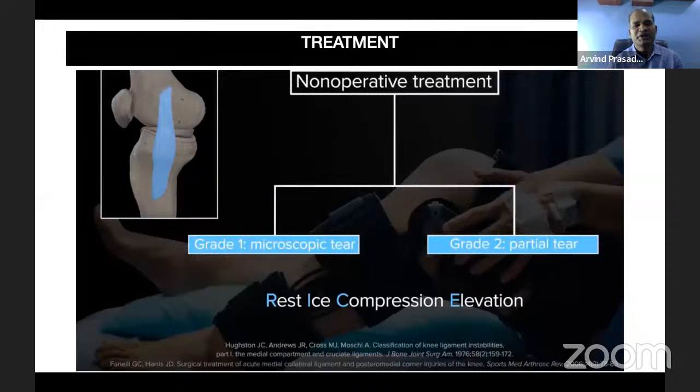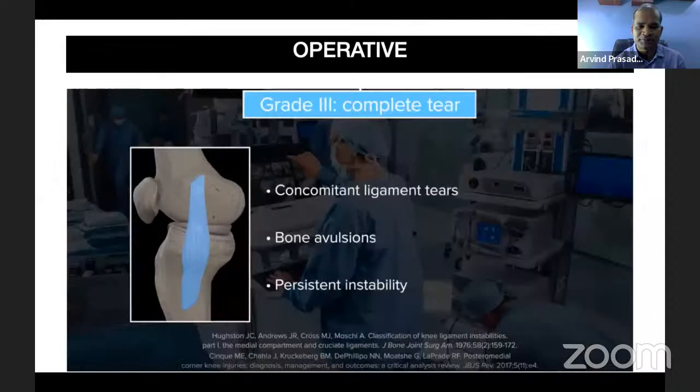About the treatment, most grade 1 and grade 2 injuries of the MCL can be treated conservatively. Almost every grade 1 and grade 2 can be treated conservatively with very good outcome.